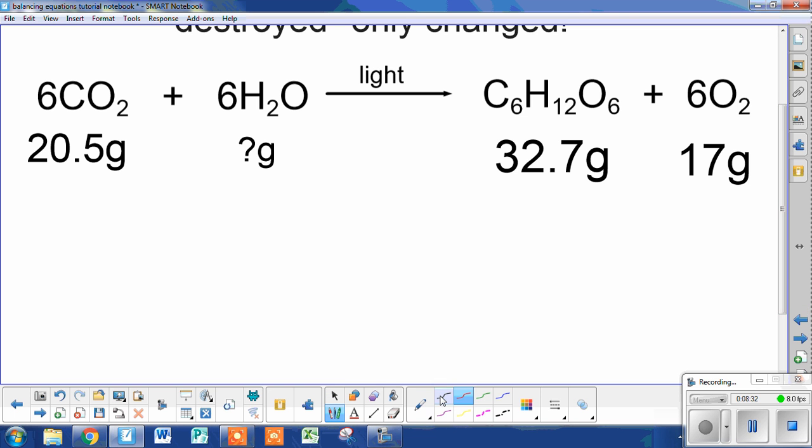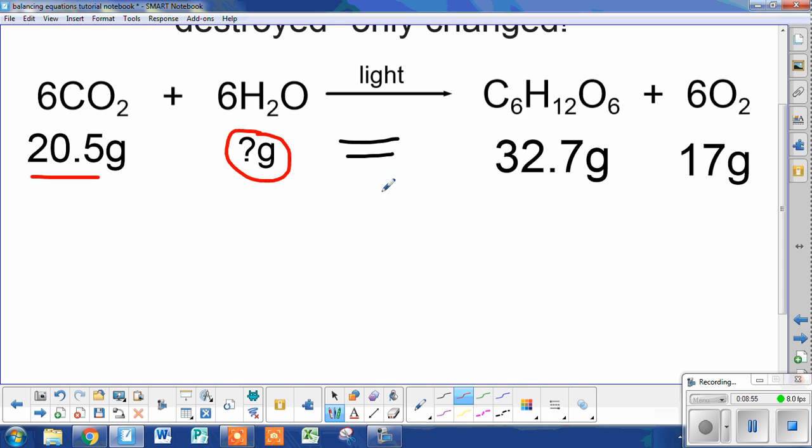For some of you, I rewrote it like this, and you were like, oh, I've got it, Miss Smith. Whatever is on the reactant side has to equal whatever is on my product side. In this case, we're trying to figure out what this question mark is supposed to equal to be balanced. I notice that I have 20.5 on this side, and 32.7 and 17 on this side.